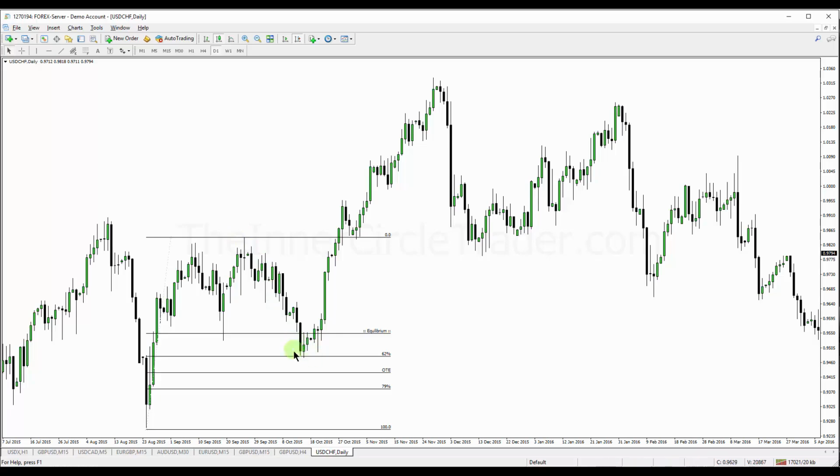Went back down into equilibrium again and went to a discount below 50% of the impulse price swing. So the market, from the banking perspective, is at a discount. It is allowed to be bought.